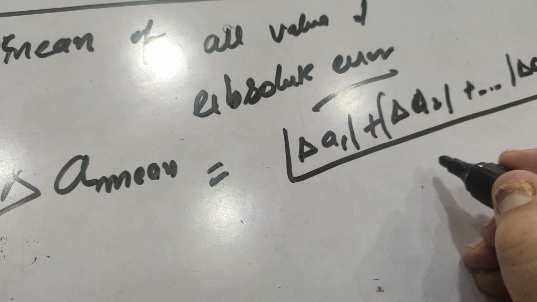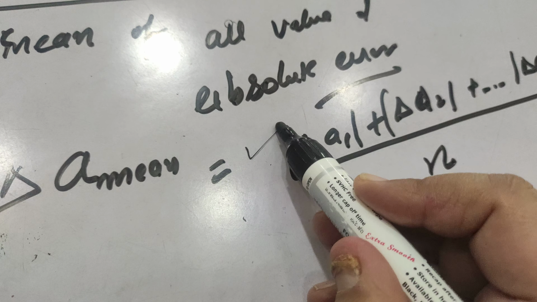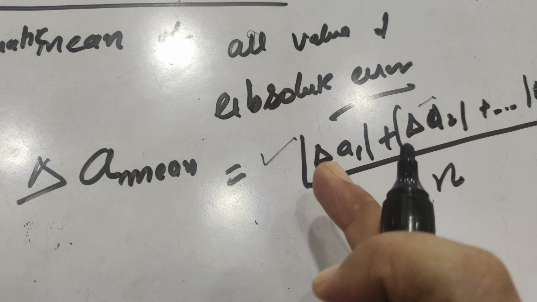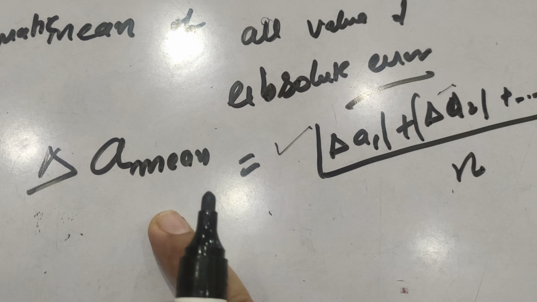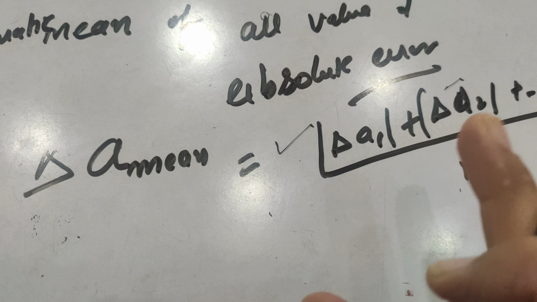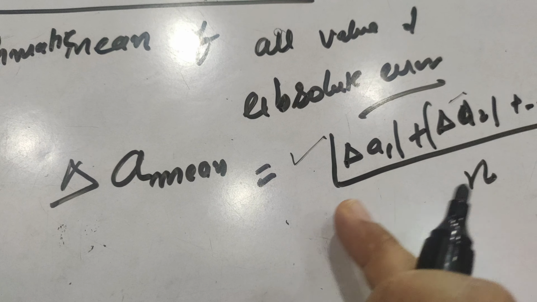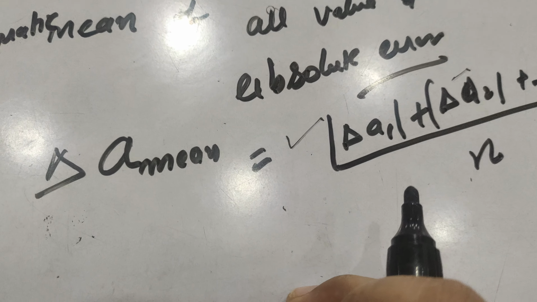Keep in mind, here we have taken the modulus of every absolute error. It means while taking the mean of absolute errors, we are considering only the positive sign. A negative value will also be taken as a positive value. So this is called delta a mean.